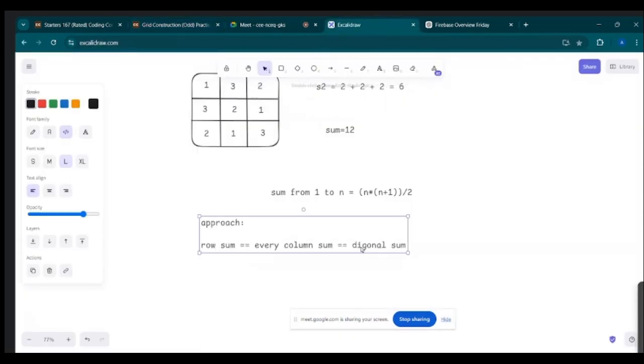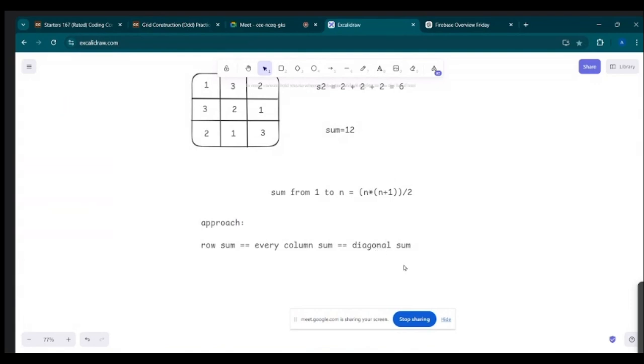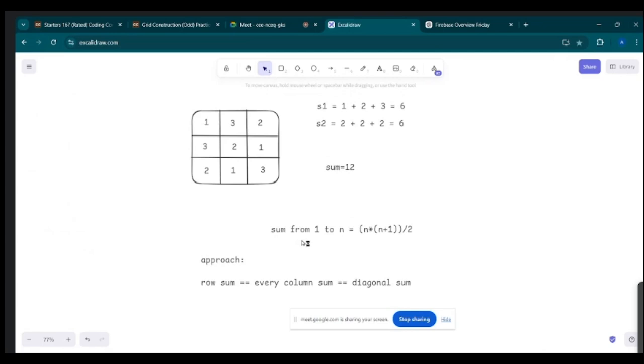Okay, and we know the sum from 1 to n is n into n plus 1 by 2.